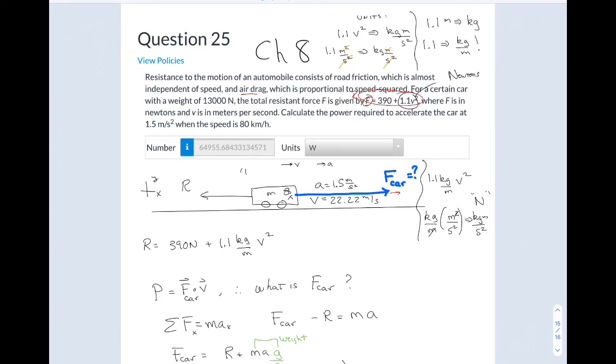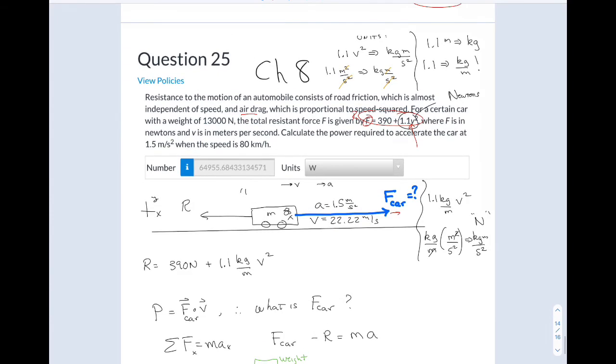They tell us that as long as I put V in meters per second, that number is going to pop out in newtons. Why is that? What would be the units of the 390? Well, it would be newtons. What are the units of the 1.1?